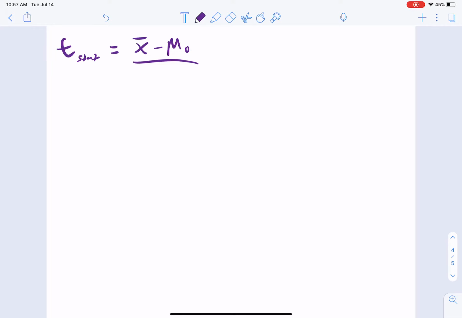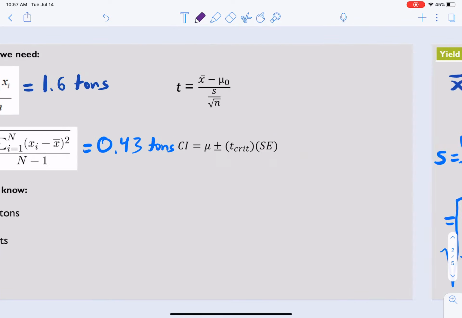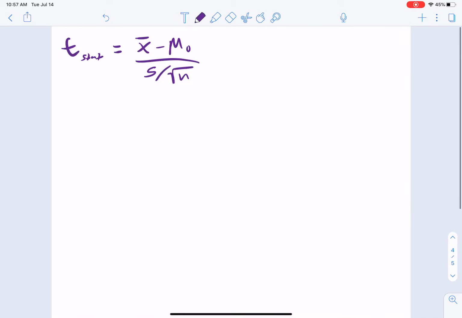Which is just S divided by square root of n. Very cool. Okay, so our sample mean is 1.6, and then our null, or our mu naught, is 1.5, right? That's what we're testing against.